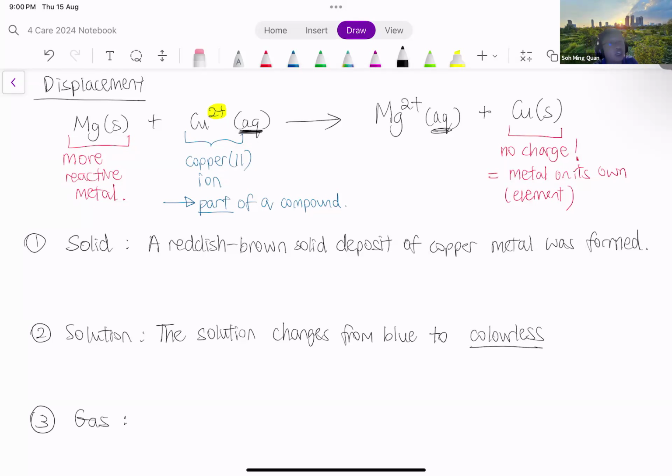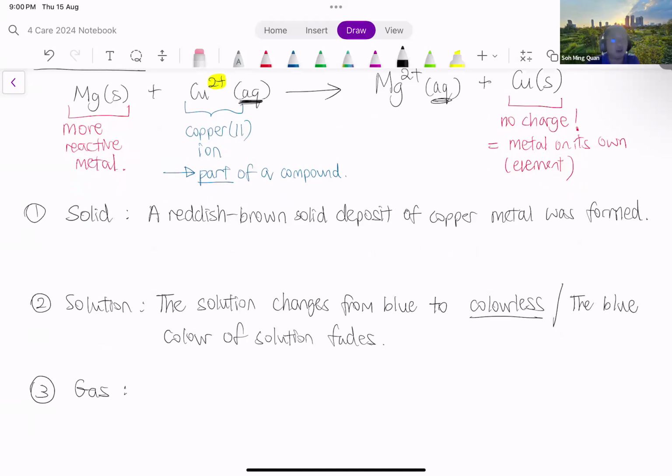So the solution changes from blue, which is Cu2+, to colorless, which is Mg2+. Another way of saying this is the blue color of the solution should fade. That means it becomes less and less blue. And that makes sense because there's less and less Cu2+ as it's being displaced.